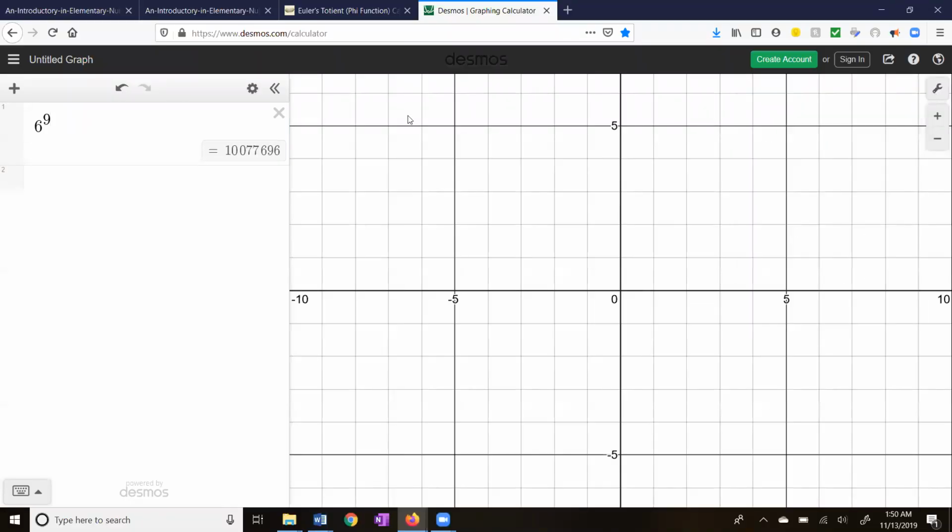In Desmos here, 6 to the 9th power is this huge number. Looks like it's more than 10 million. I want to simplify this mod 11, so I'm going to divide it by 11. 6 to the 9th power divided by 11, and I get this decimal here.